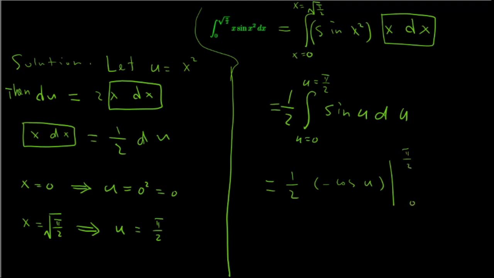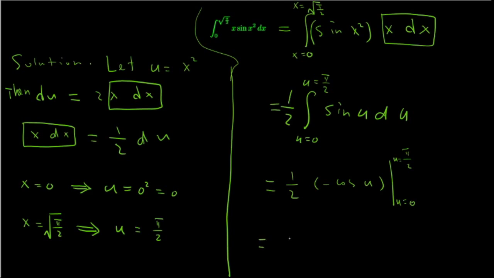Probably you want to write u equals 1/2, u equals 0, to be consistent. And then you plug in numbers, you can have the answer. Again, do not go back to x. That's a new integral of u. Everything is already in terms of u. You just get the final answer.